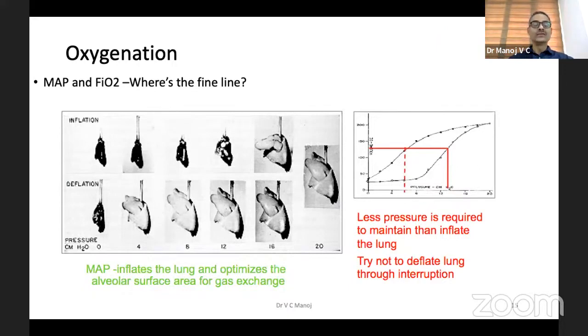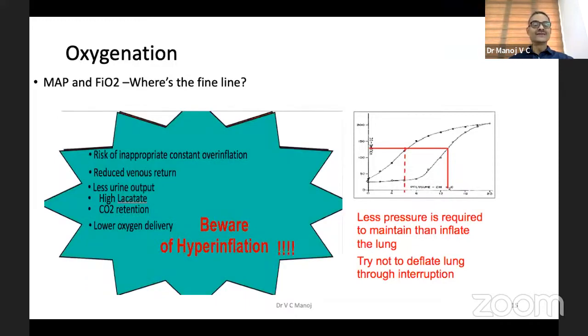All right. So far, so good. But it's not all that rosy. We all know that when you use HFO, in the early days, the problem people had was that the MAP used to be set higher. Just imagine a mean airway pressure of 12 in a baby on conventional ventilation.